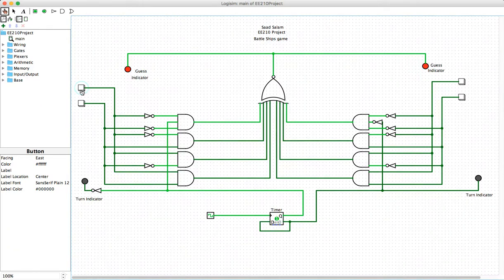While player A is holding down those buttons in between rounds, the lights are off, and the lights will only come back on once player B correctly guesses the same configuration that player A was holding during the period that the turn indicator was off for both sides.